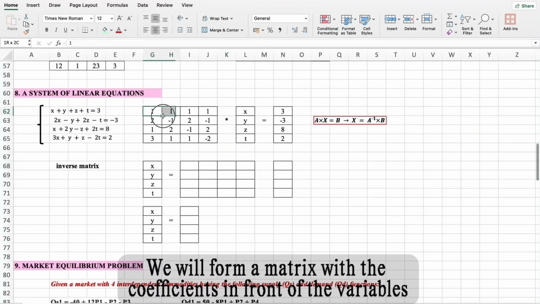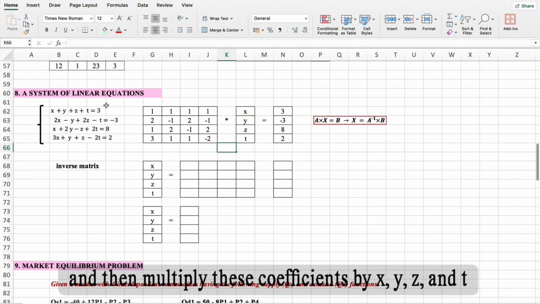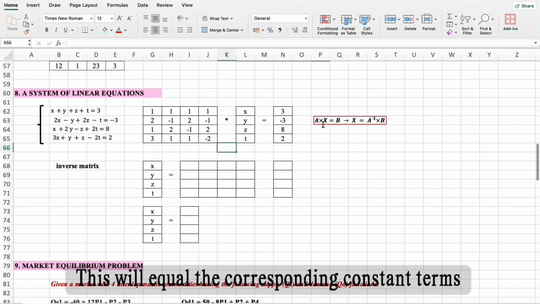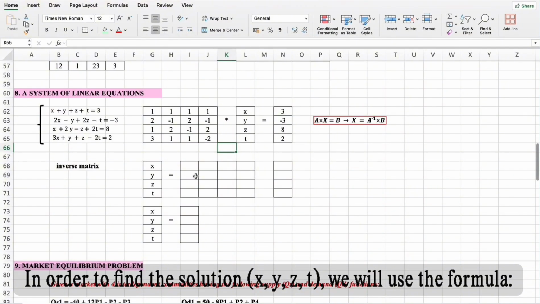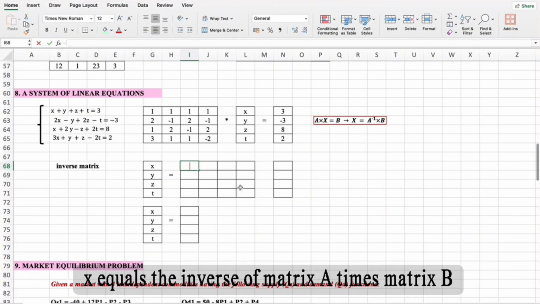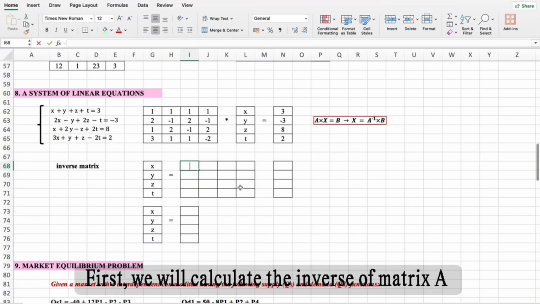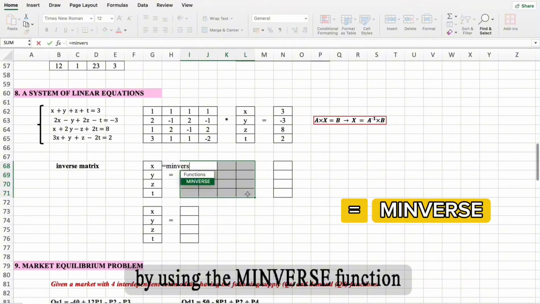We will form a matrix with the coefficients in front of the variables and then multiply these coefficients by x, z, y, and t. This will equal the corresponding constant terms. In order to find the solution of x, y, z, and t, we will use the formula x equals the inverse of matrix A times matrix B. First, we will calculate the inverse of the matrix A by using the MINVERSE function.